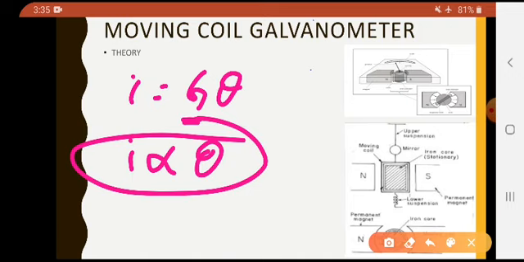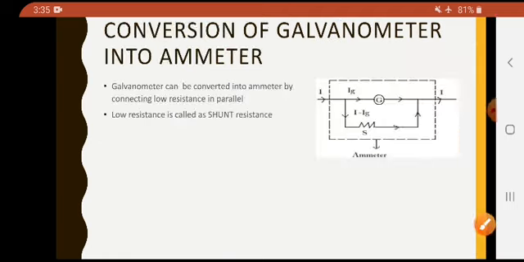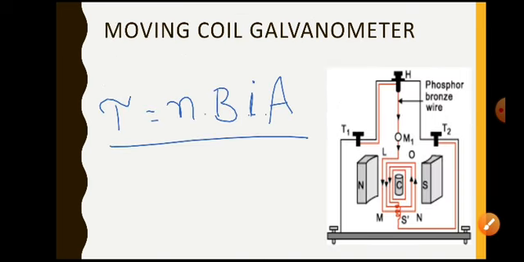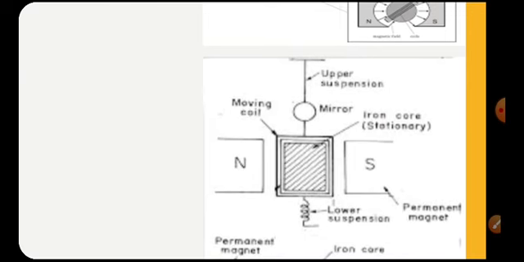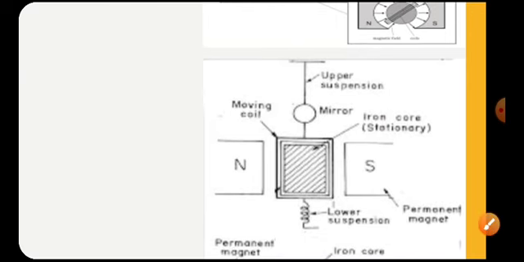From this, the deflection of the coil is proportional to the current passing through the coil. The scale is calibrated and can give the direct value of the magnitude of the current passing through the coil.